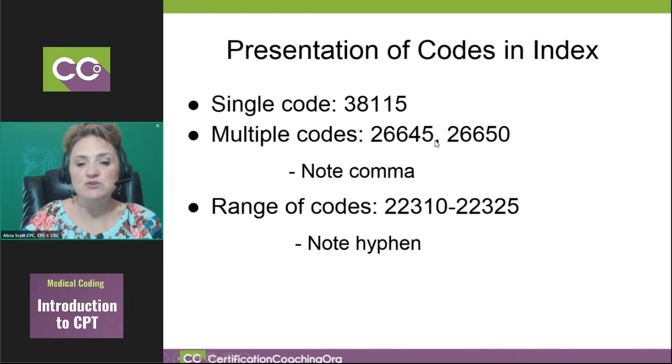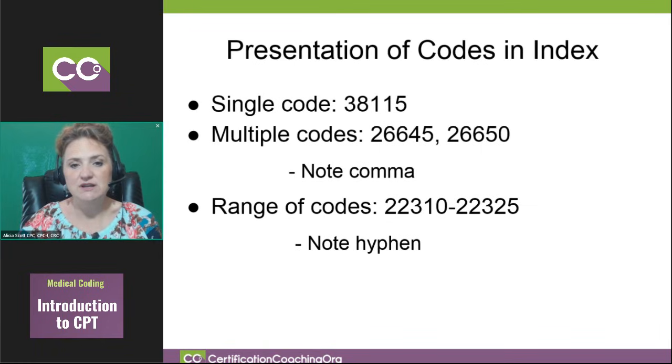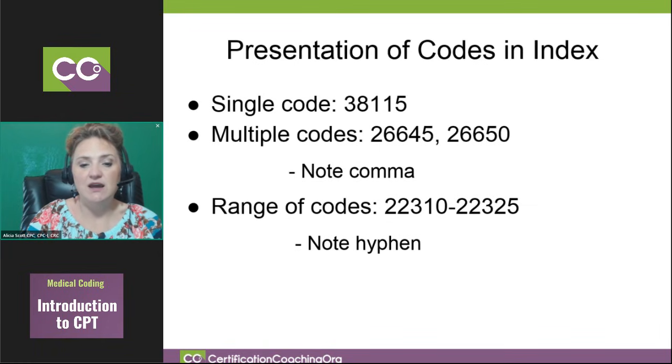Whenever you see multiple codes, there's always a comma between them. If you're writing out the procedures you did, you always put a comma between them. So it was this code and this code. Or I'm saying that I did 26645 and I did 26650. I did both of those procedures.